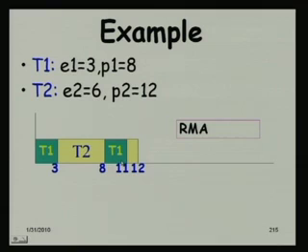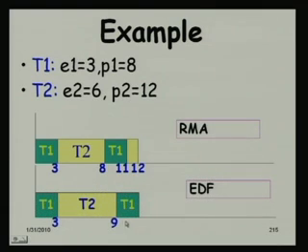So, if we check the EDF, that is what happens here. T2 will complete and only then T1 will run. On the other hand, here just because T1 had a higher priority, it is preempting as soon as it has arisen at 8 and it will take 3 to complete. Different schedules for RMA and EDF. Looks okay? Okay, let us proceed.